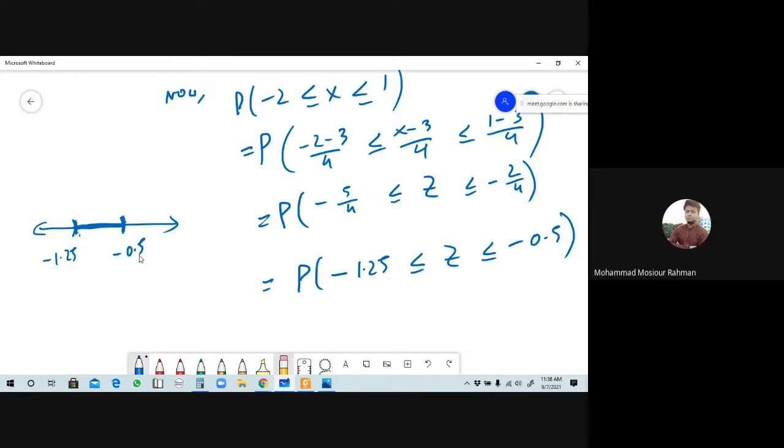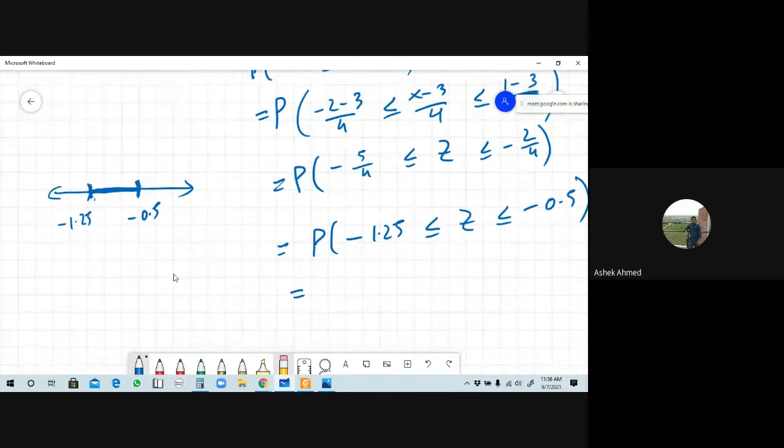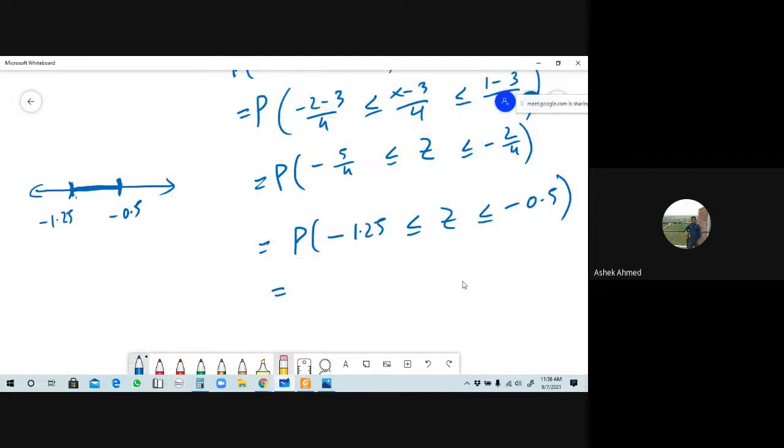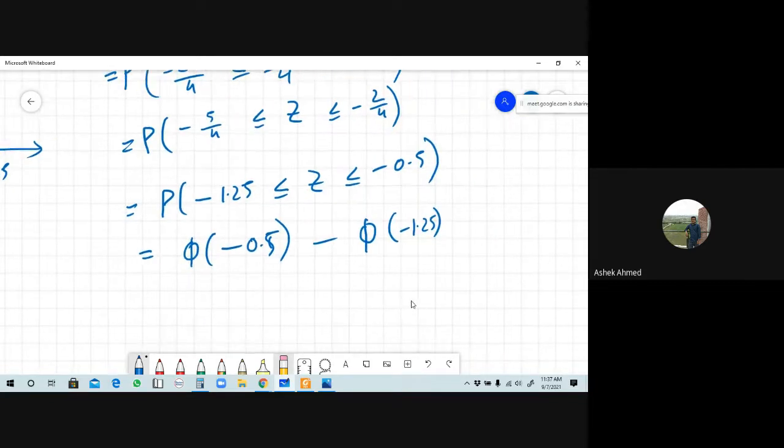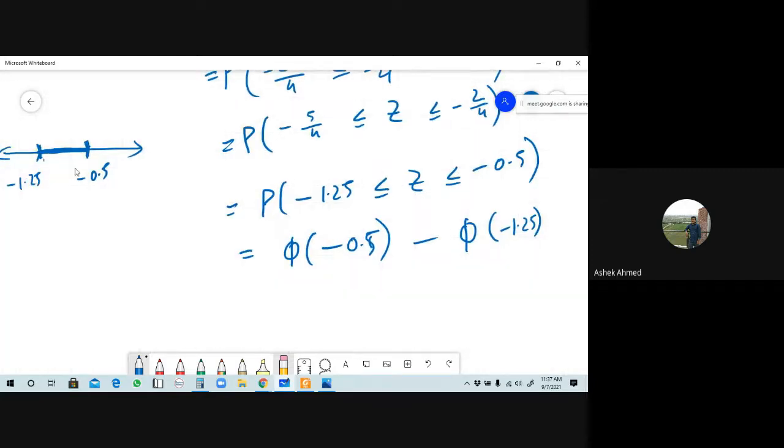Yes, sir. So in that case, when an inequality represents an interval, you can write phi of the upper value, -0.5, minus phi of the lower value, -1.25. When the inequality represents one interval, you can apply this concept: after converting to z, phi of the upper value minus phi of the lower value.